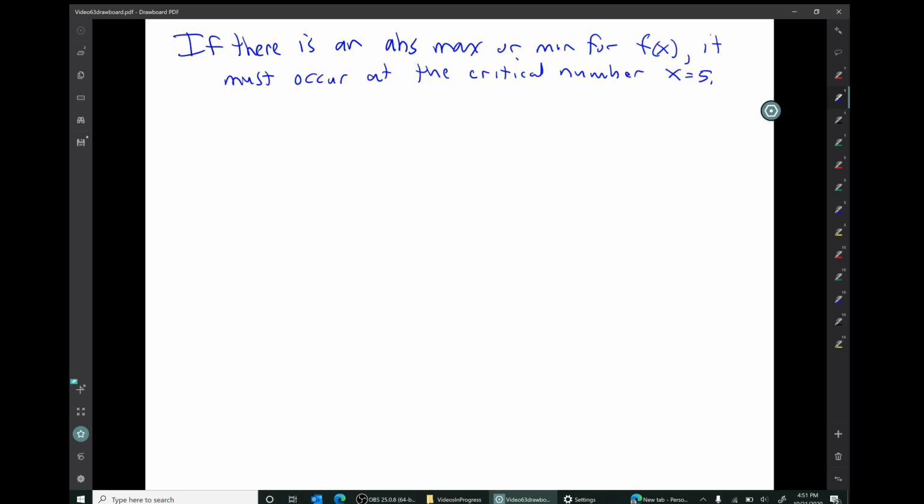So now what? Well, let's consider the increasing-decreasing behavior of f to see if we can get a handle on the shape of the graph. So in other words, let's make a sign chart for f prime of x and use it to determine the increasing-decreasing behavior of f.